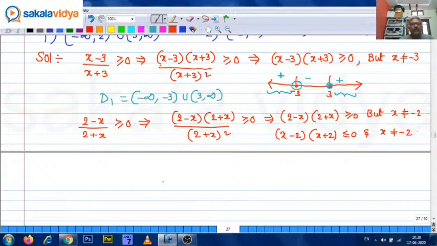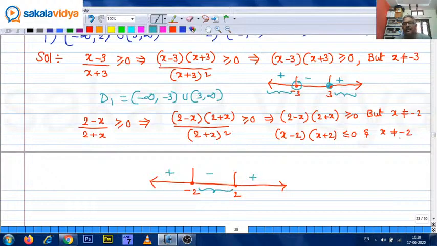So now take a number line here. Here critical points are minus 2 and 2. Here 3 intervals. Take the sign. This will be plus sign, this will be minus sign, this will be plus sign. Less than 0, here to here we need to consider.